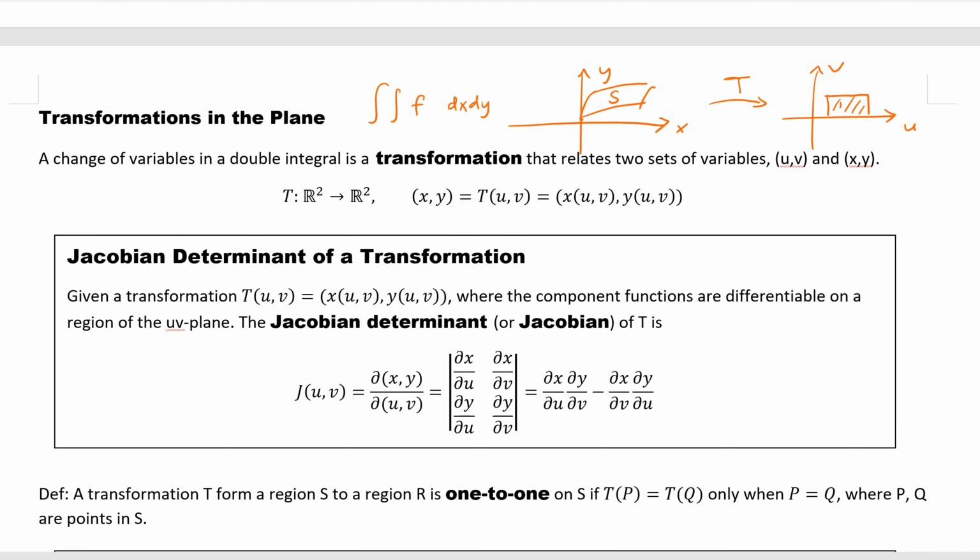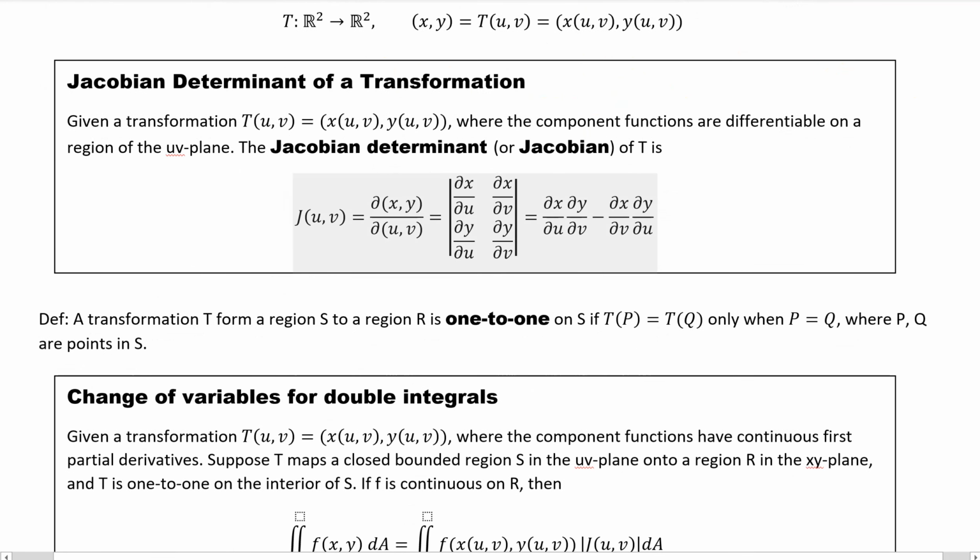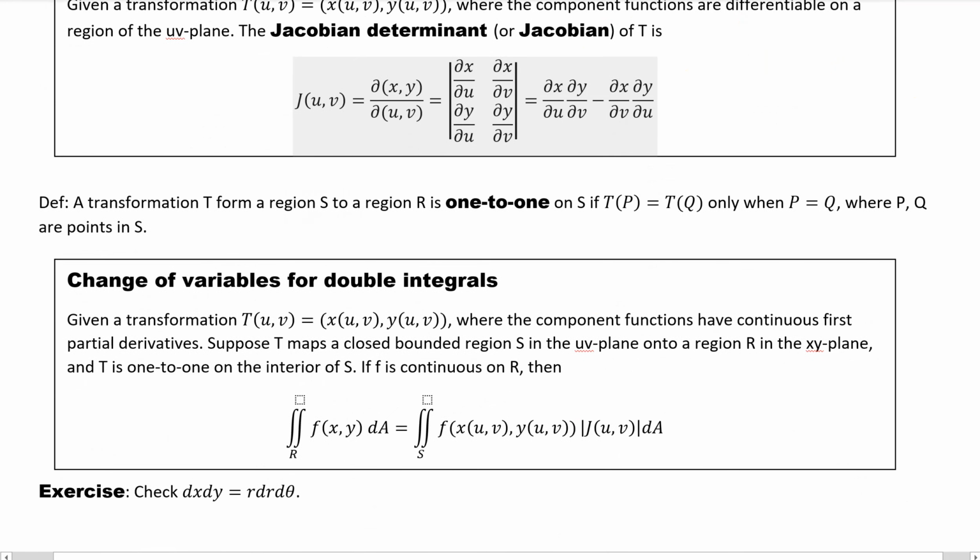Then R is the region it gets mapped to on the UV plane. So this is on S, and after we change the variables, we get this change of variables for double integrals.